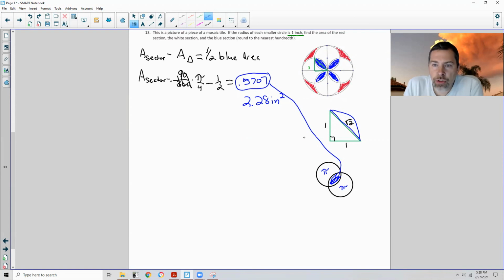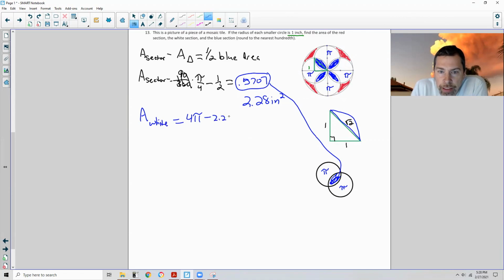Okay, and so what I'm working on right now is the area of the white. So we have pi and pi and pi and pi. So the area of the white equals 4 pi, but then we have to subtract 1, 2, 3, 4 of these, which is that 2.28.